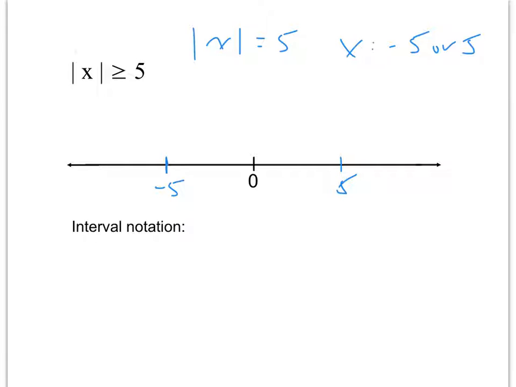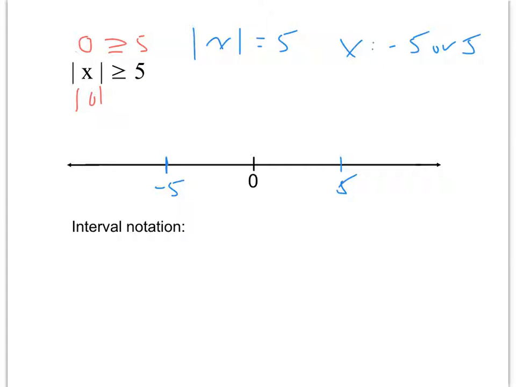Plug in 0 for x, so I get absolute value of 0, which of course is 0. Is 0 greater than or equal to 5? No! 0 is not greater than or equal to 5, so therefore 0 right here did not work. This whole section in between does not work, which means that the sections outside that section must work.